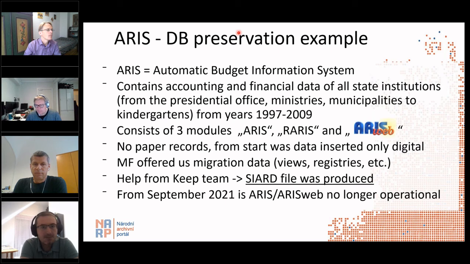It consists of 3 modules: ARIS, which contains the financial data, financial reports, financial summaries, and so on. Then the second module is called RARIS. It's a valuable and quite an interesting registry. And the last part is ARIS Web, which is the interface for open data presentation.